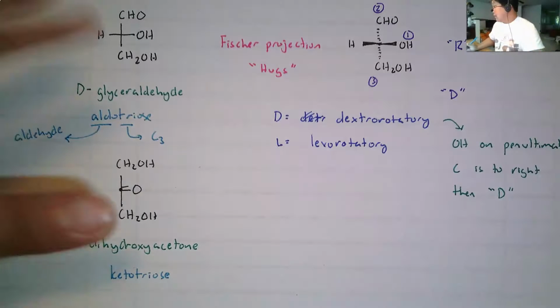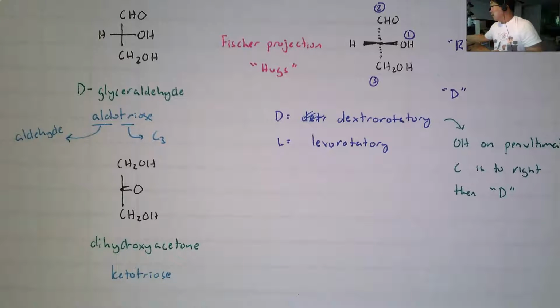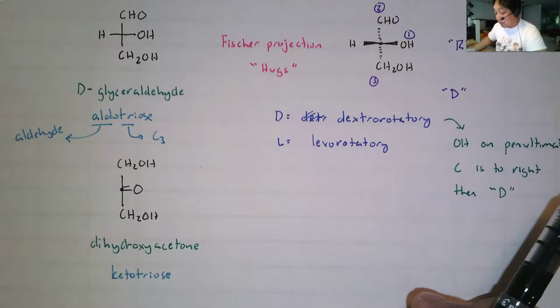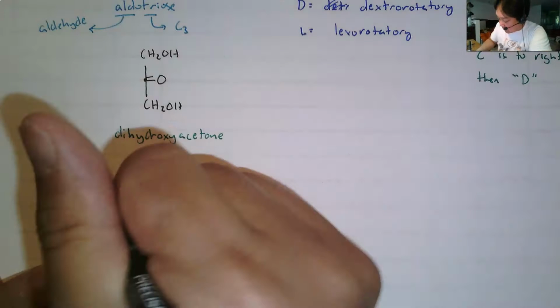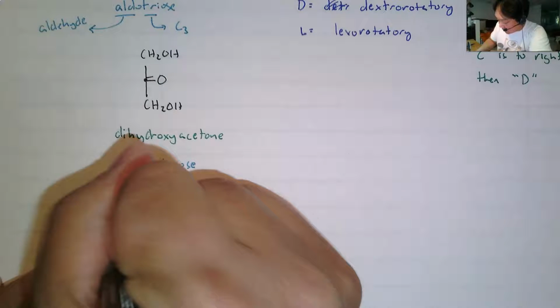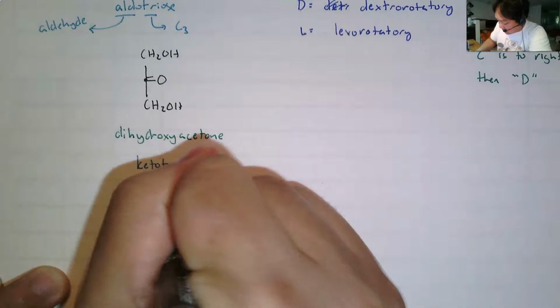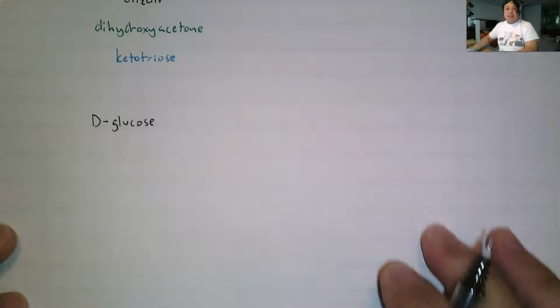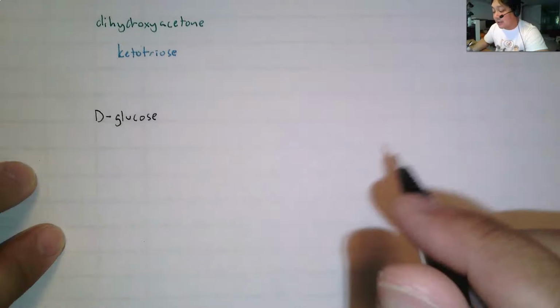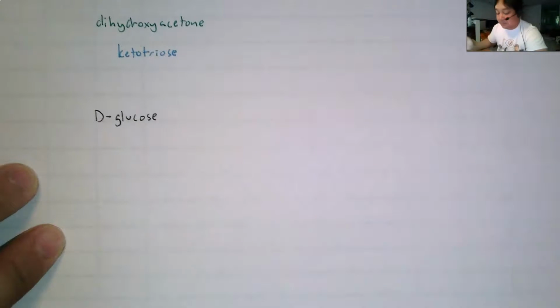Okay, good. Let us talk about the most popular carbohydrate, and that is glucose. And we're going to draw D-glucose. And it's going to be D because of the second to last carbon, the OH is going to be to the right.